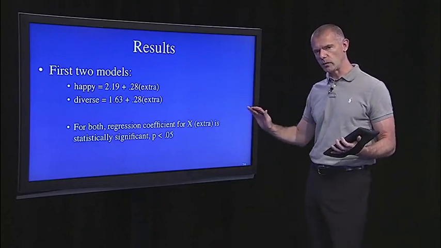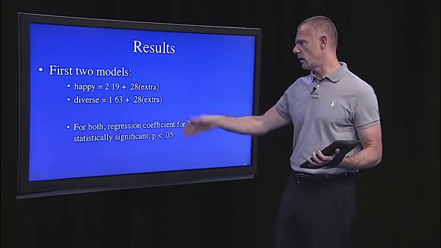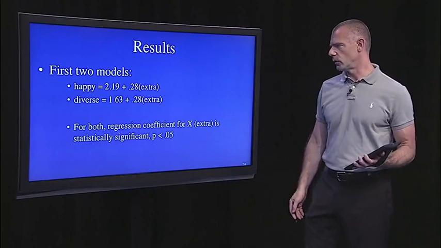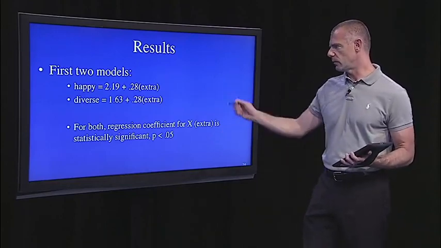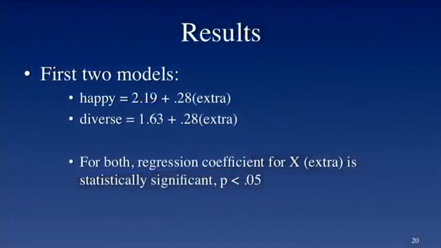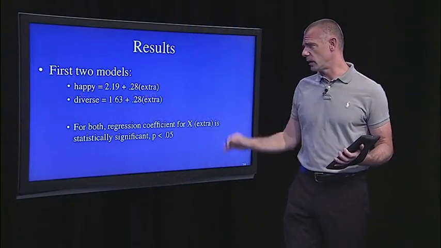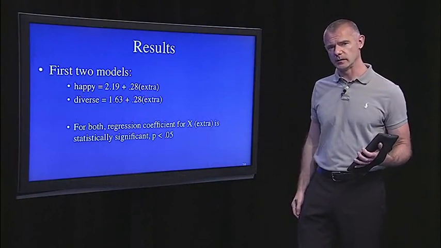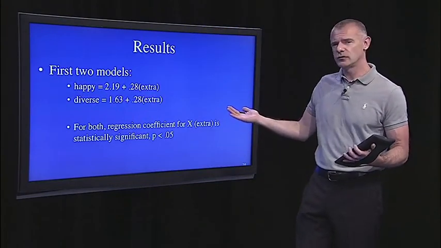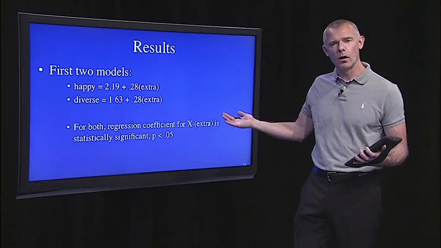In the first two simple regression models, here are the results. When I'm predicting happiness from extroversion, the unstandardized regression coefficient is 0.28. What that means is for every 1 unit increase in extroversion, I'm predicting an increase of 0.28 on the happiness scale. And if extroversion were 0, then I would predict 2.19 on happiness. So let's take someone with an extroversion score of 4.